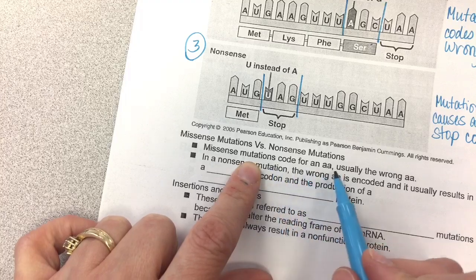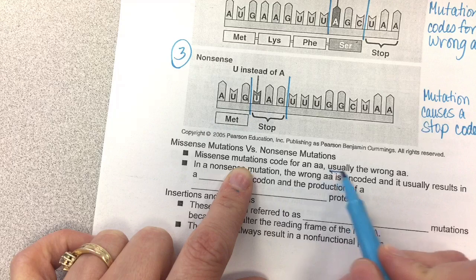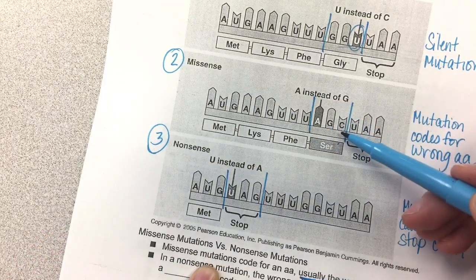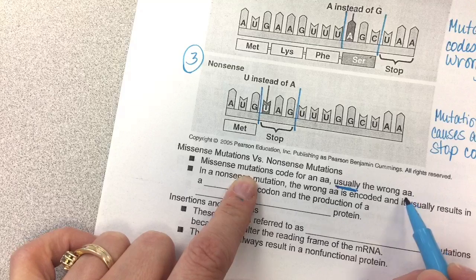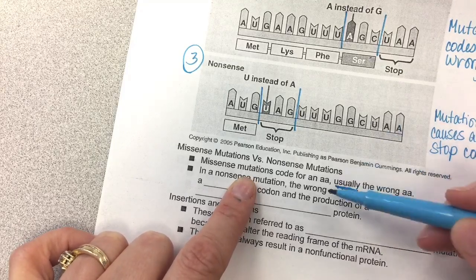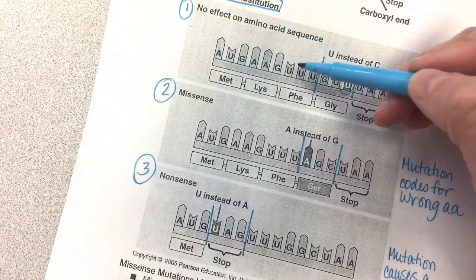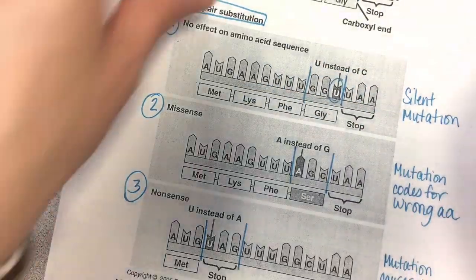Missense mutations code for an amino acid, usually the wrong amino acid. When it says usually, though, it could, like you could swap the third base. When it says usually the wrong amino acid, it usually always is the wrong amino acid. But like I said, if you could swap out like up here, then it wouldn't be a missense, it would be one of those silent mutations.